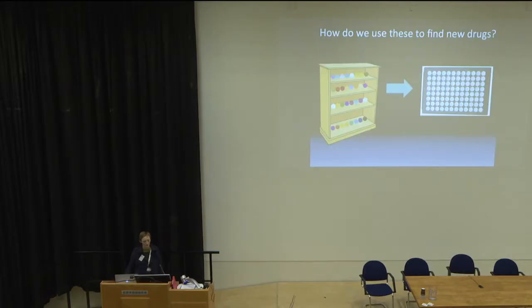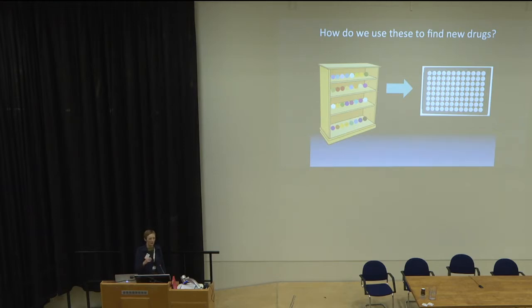So how does this actually work in practice? We take our 96-well plate, which is full of, well, we can do it a couple of different ways. As Robin was saying, we can look for symptomatic drugs. There we would put in sick neurons, and we would look to see if any drugs can improve them.